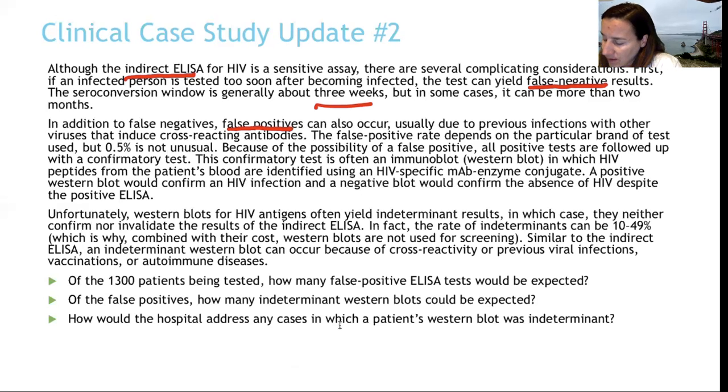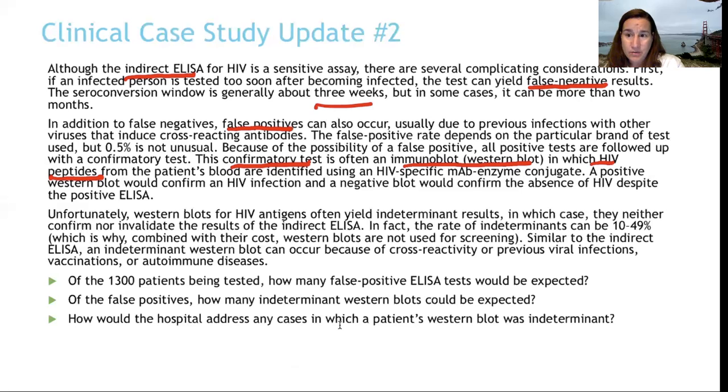And then if they get a positive test, again, to rule out if it's a false positive, we're going to do a secondary test. So we're going to have a confirmation test. It's going to be a Western blot looking for those HIV proteins. So we saw a picture of those Western blots earlier, a couple slides back in the last video, I want to say. In a Western blot, you're doing the electrophoresis, you're doing the PAGE to separate out the proteins, and then you're looking for the individual ones.